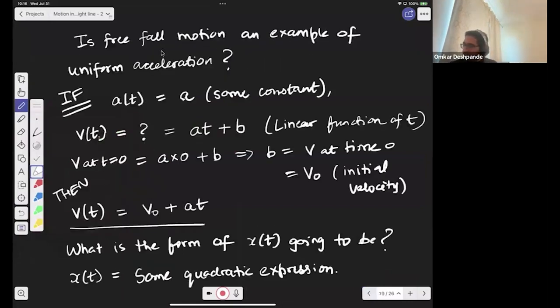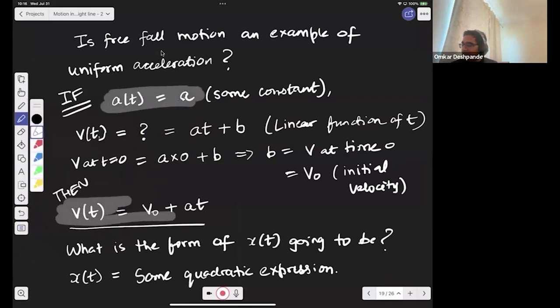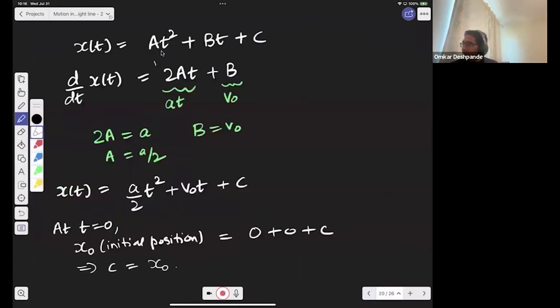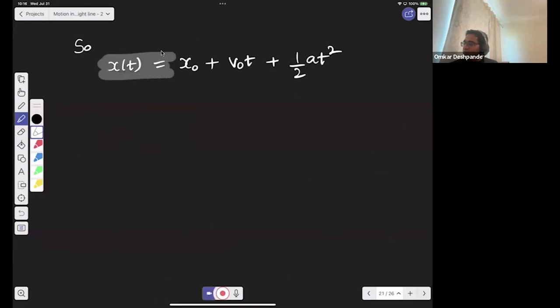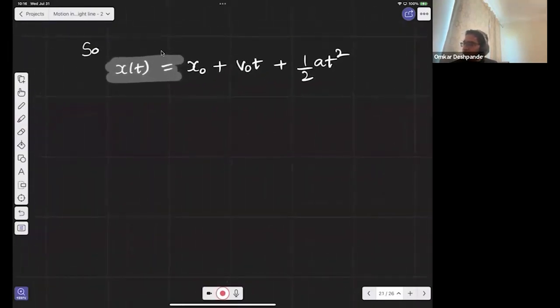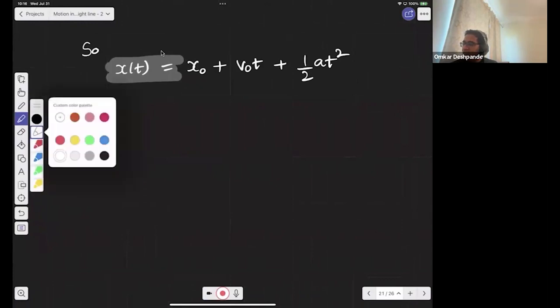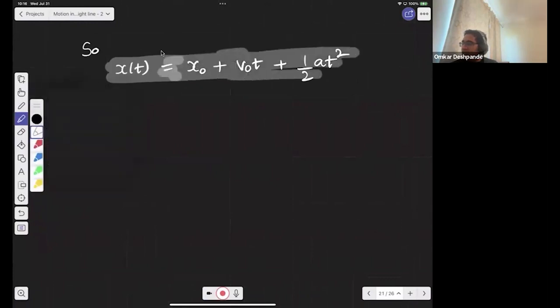So here's the thing. If my acceleration is constant, then my velocity function should look like this, and my position function should look like this. And I'm not doing any physics here. I'm just saying the math, the differential calculus that we looked at so far, is itself pointing me to this.